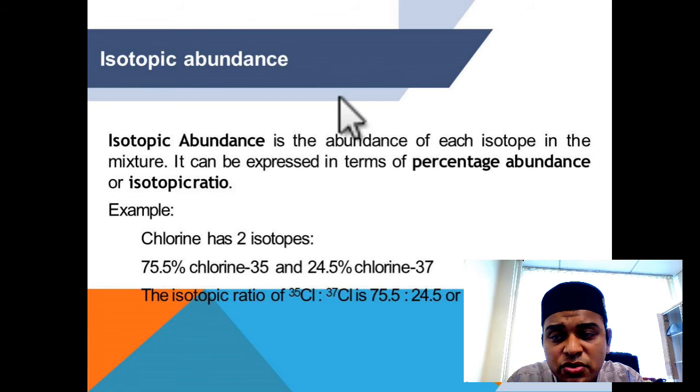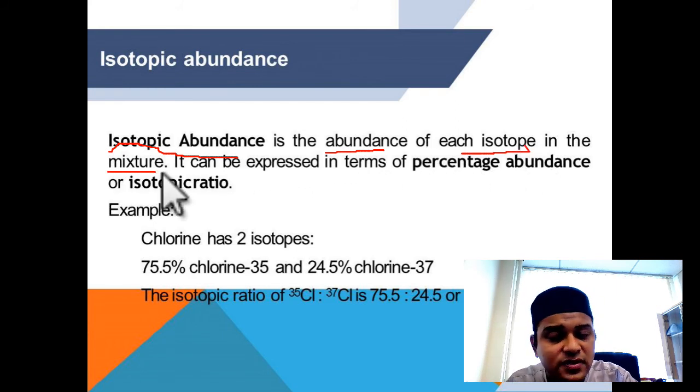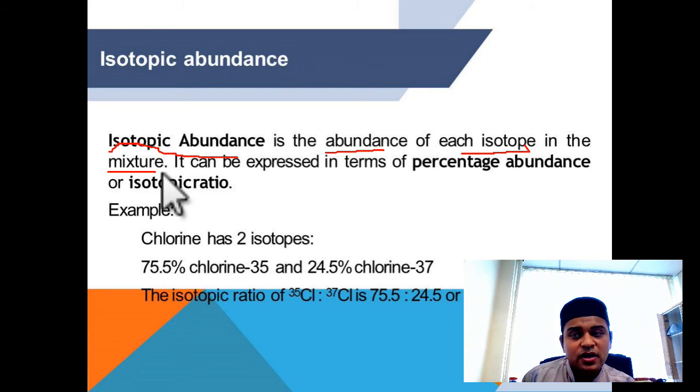So isotopic abundance is the abundance of each isotope in the mixture. Remember, we have chlorine 35 and 37. So those are the abundances. But please keep in mind, guys, those abundances present in our environment are not in equal percentages. Maybe chlorine 35 and chlorine 37 have different percentages.